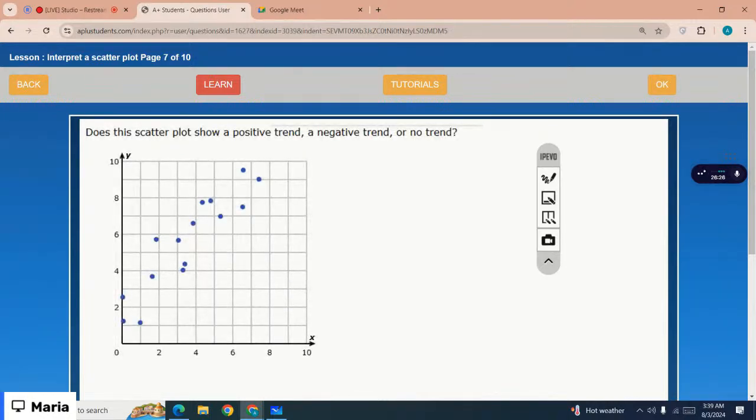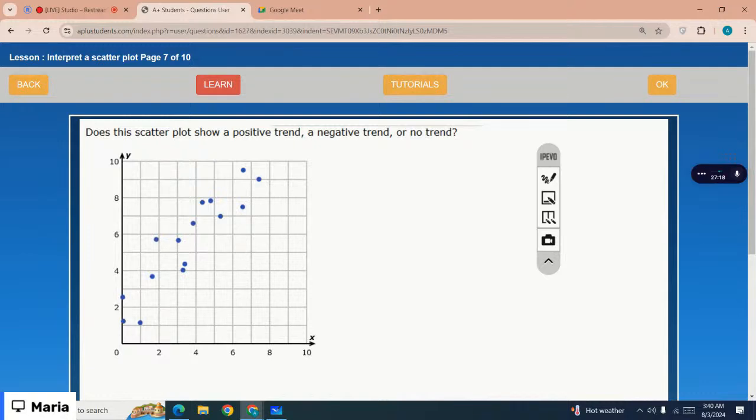Okay, does the scatter plot show a positive trend, negative trend, or no trend? Yes, positive trend.